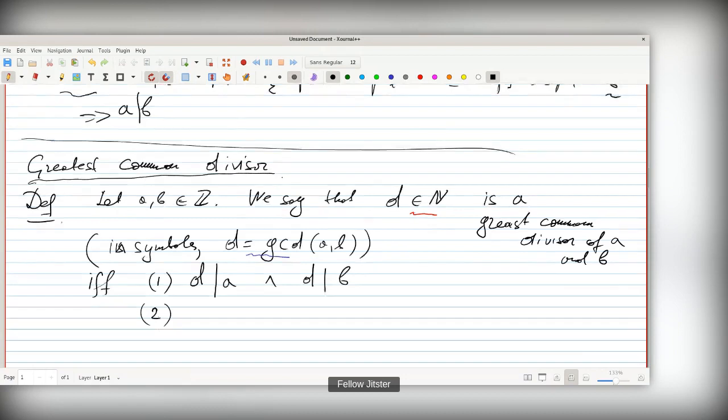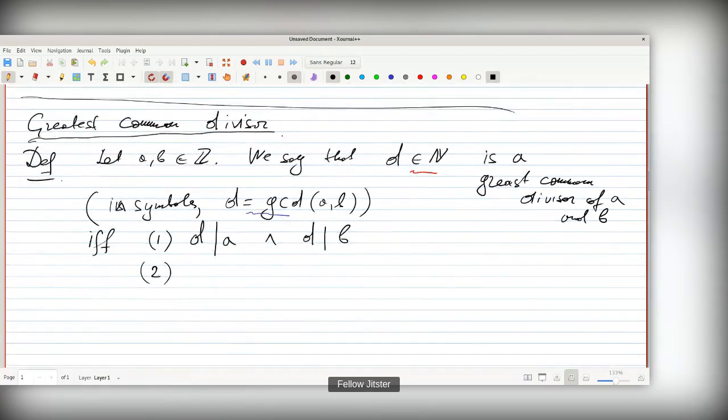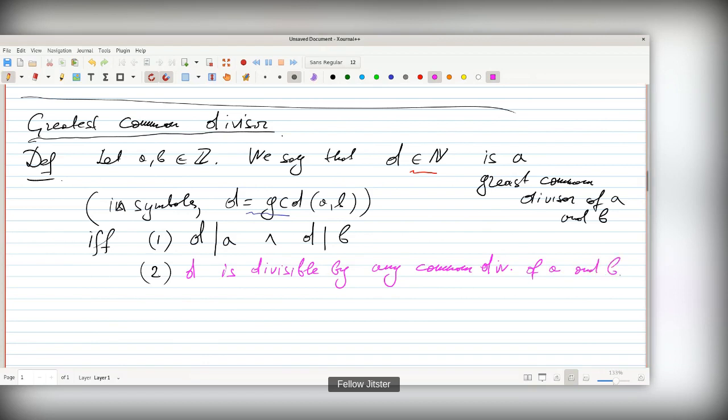Let me put it in words first. d is divisible by any common divisor of a and b. So in this sense, it is the greatest one.